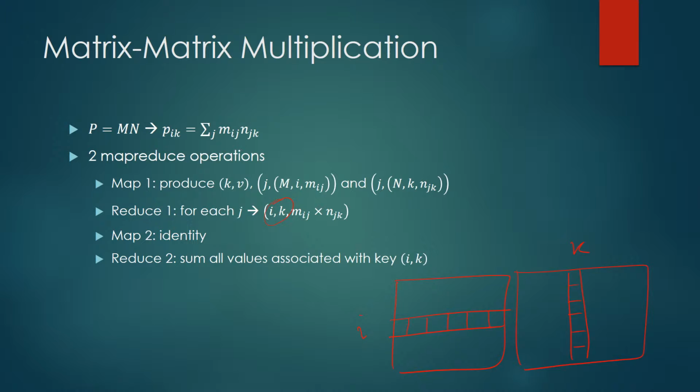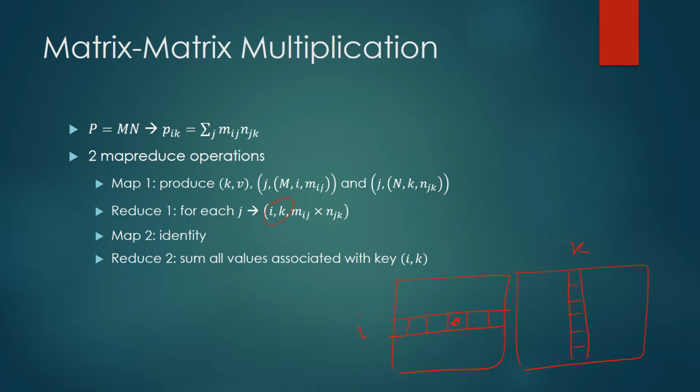Again, I mentioned this earlier: if you consider a single M_ij here, just take one particular M_ij, how many of these values need to be multiplied with it? N of these, right? Because each column will need to be multiplied.